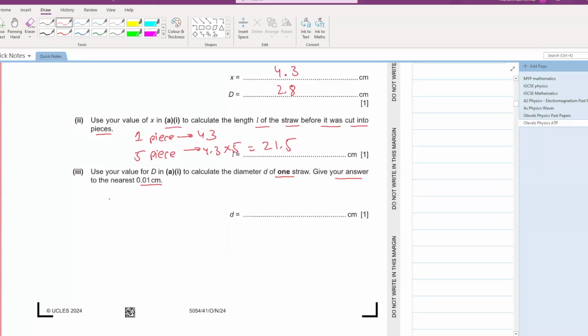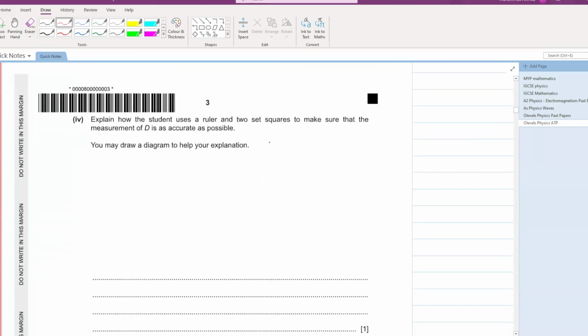If I want to calculate the diameter of one straw, I divide 2.8 by 5, which gives 0.56 centimeters. Since we have to give it to 0.01 centimeter, 0.56 centimeter is the answer. Nothing complicated here. Let's move ahead.